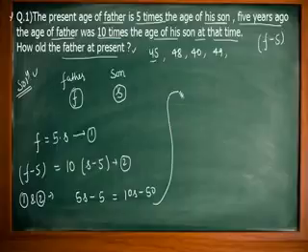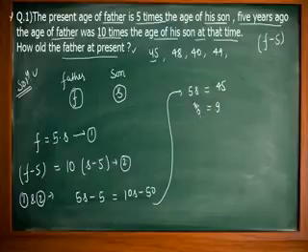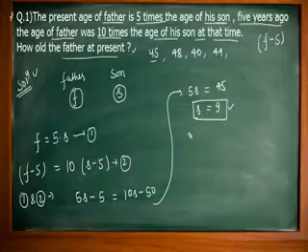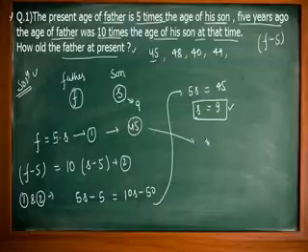Here we go. 5S equals 45. Solving these two sides, you will get 5S equal to 45 and S will equal 9. If you put that here, F equals 5 into S, so 5 into 9 will give you 45. So father will be 45.